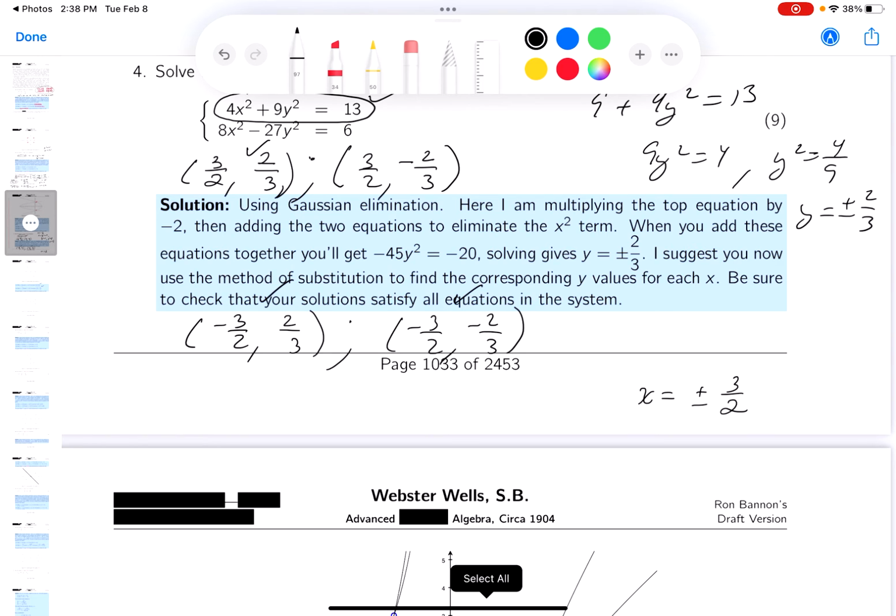I'm just kind of curious about my key, by the way. So 4x squared, and by the way, I'm doing this over here. I'm kind of doing it quick, by the way. And what would you get there? Plus that would be 9 times 4/9. Whether it's plus or minus 3 doesn't matter, by the way. And that would be 4 equals 13. And 4x squared would equal 9.